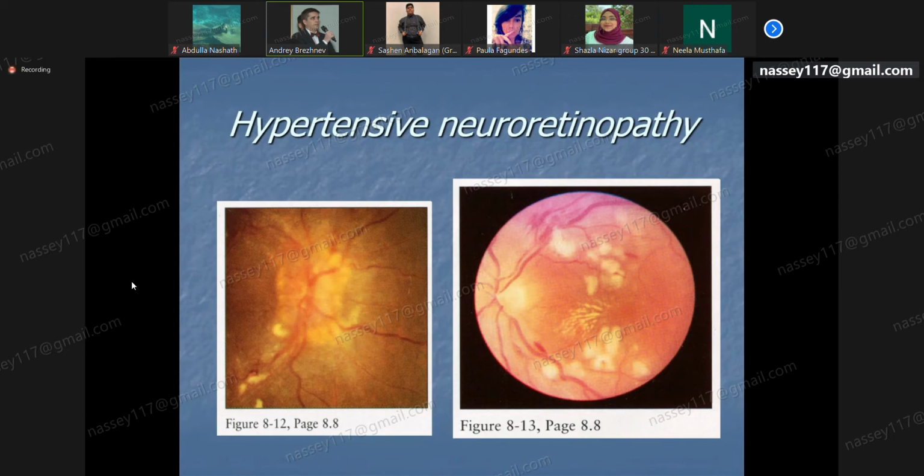Such patients, of course, have decreased visual acuity and defects of visual field, but these are not the main problem with this patient, because in this case, there is the highest risk of damage of the brain, damage of the heart, irreversible damage with the risk of the patient's death.